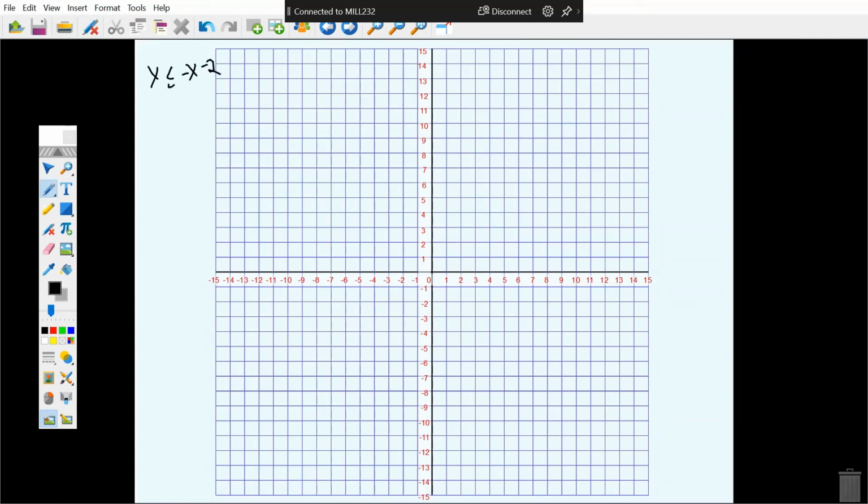So my y-intercept is -2. My slope is -1, so rise of 1, run of 1. Connect those dots.